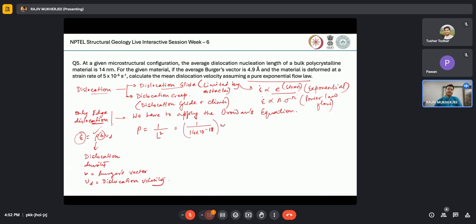So the unit is per meter square. If we calculate this, it's a big number to calculate in a calculator: 1 divided by 14 into 10 to the power minus 18.